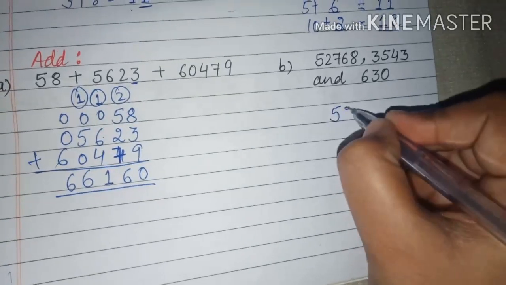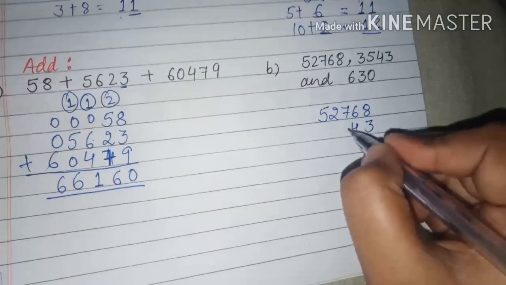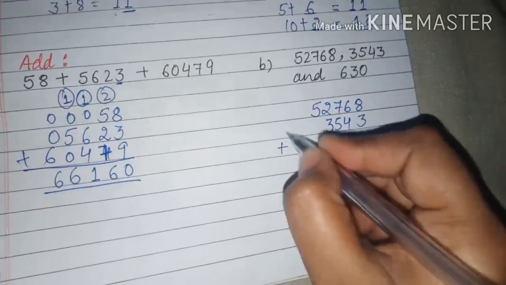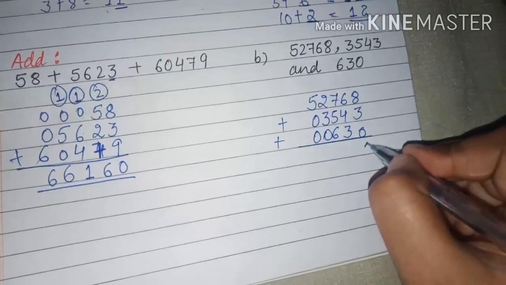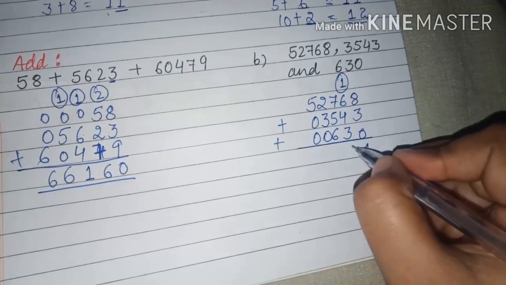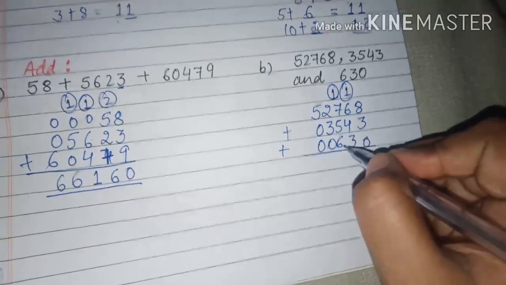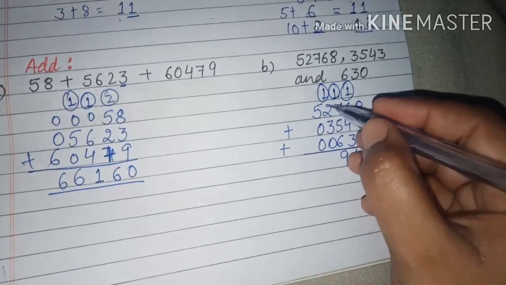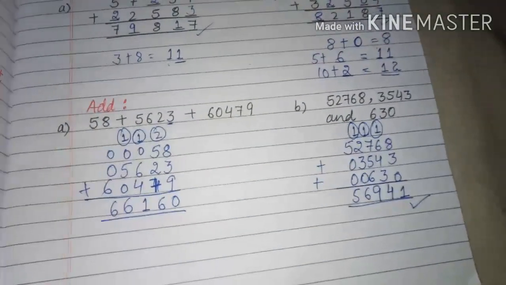What you have to do, you just have to simply write the number and the next number from ones place and then add them, okay, with putting zeros. 8 plus 3 11 का 1 कैरी हुआ 1. 6 plus 1 7, 7 4 11, 11 और 3 14 का 4 कैरी हुआ 1. 8 8 और 5 13, 13 और 6 19 का 9 कैरी हुआ 1. 2 और 1 3, 3 और 3 6 and then 5. You will get your result.